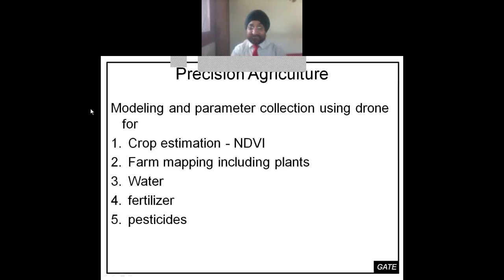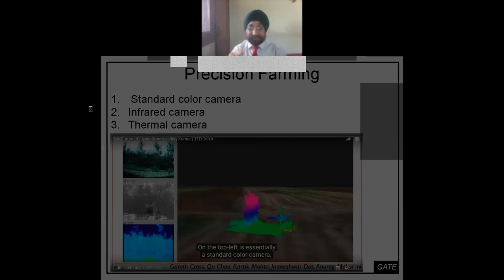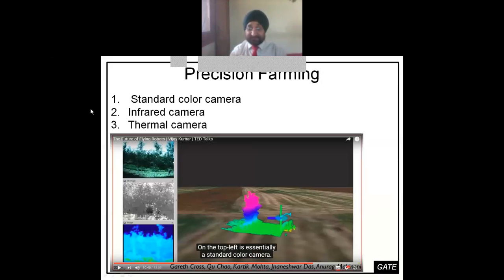The water content, the moisture level and other things, the fertilizer status or the pesticide. With a standard color camera, infrared camera and thermal camera, these three cameras, we can find out the health of the crop, the water content, moisture and other things.